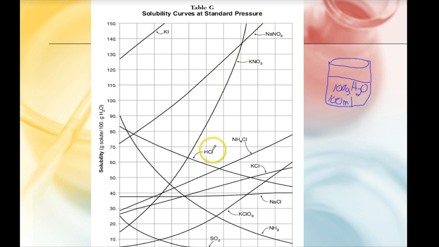But you're going to notice that there are three substances, HCl, SO2, and NH3, whose lines actually go down as you move from left to right. In other words, they become less soluble.